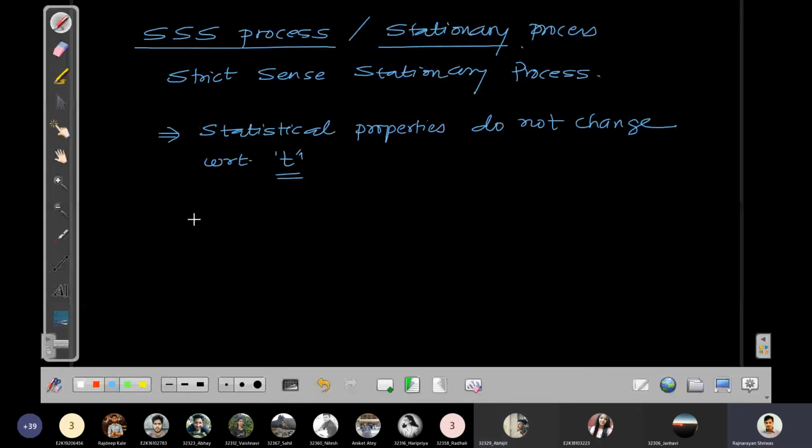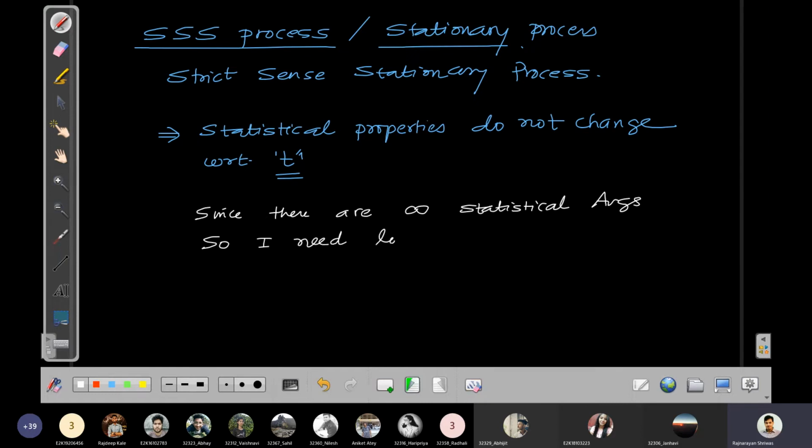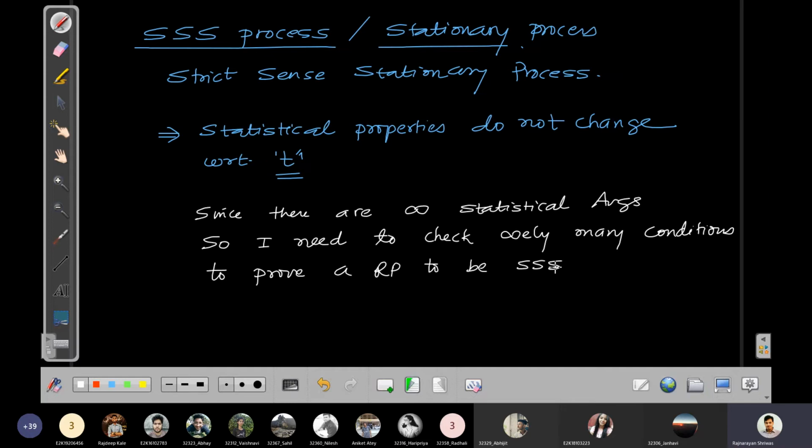Infinite. Yes. So since there are infinite statistical averages or properties, I need to check infinitely many conditions to prove a random process to be a stationary process or SSS process.